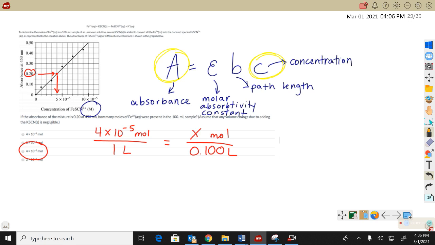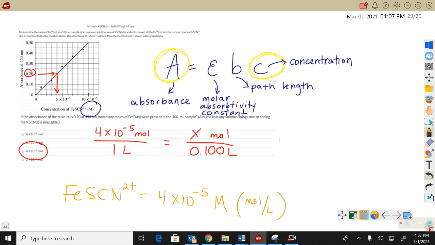I can follow it over to my graph and down, and I could say that the concentration of the FeSCN2 plus is probably about 4 times 10 to the negative fifth molarity, moles per liter.